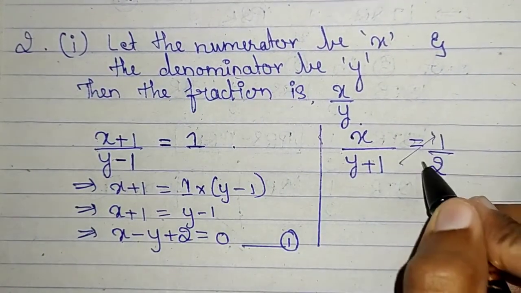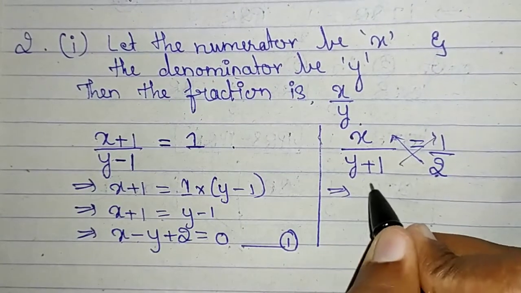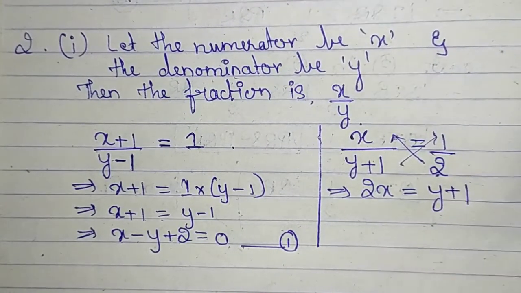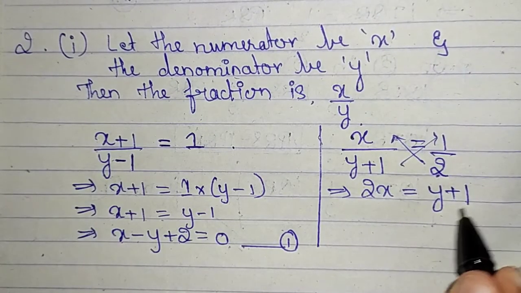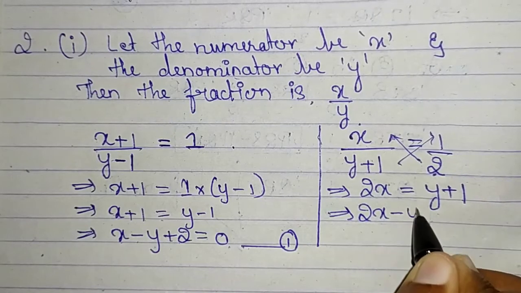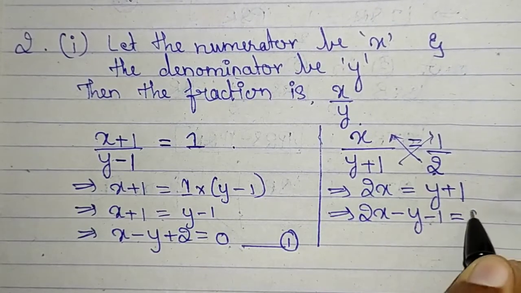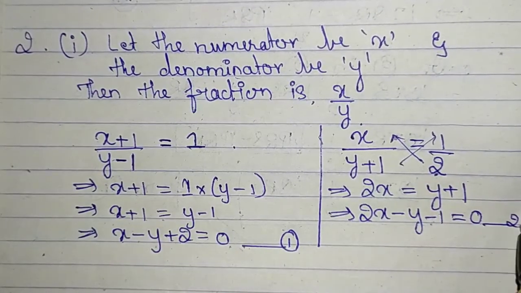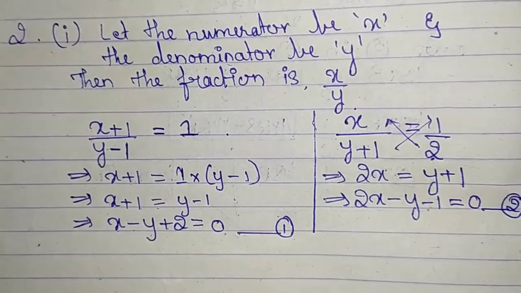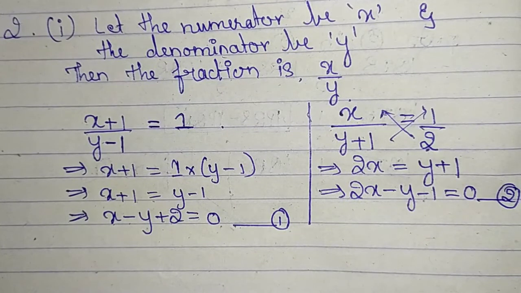So cross multiplying, we get 2x is equal to y plus 1. So transpose everything to the LHS, we'll get 2x minus y minus 1 is equal to 0. This is our second equation. Now using elimination method, let us find the values of x and y, and thereby finding the fraction.